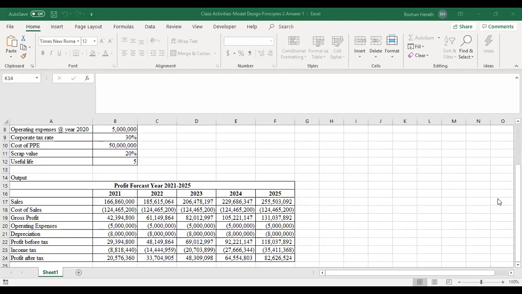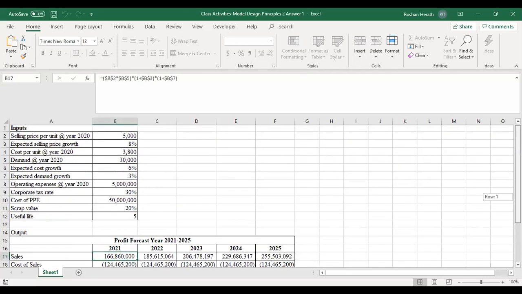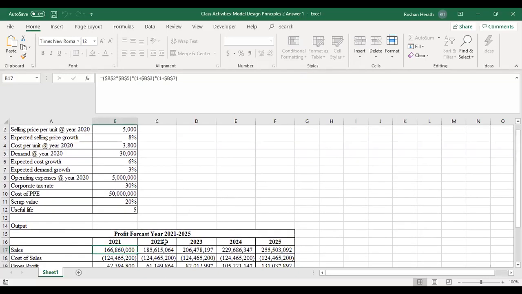Right. So this was the expectation. We have identified the inputs as you did. And when it comes to the output, we are not going to take the sales price and the demand separately. Instead, we can incorporate everything here. For sales, you are given the figures for 2020, and the forecast is required for 2021 to 2025.